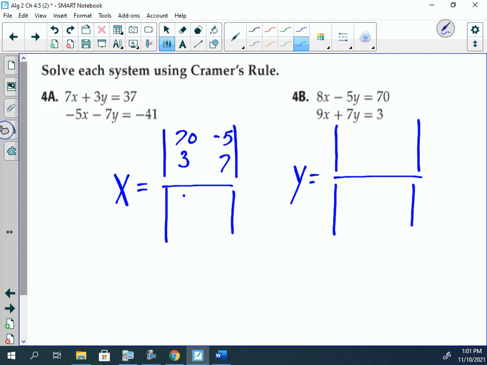The denominator is just going to be our coefficients of the system. In the other equation, the denominator would be the exact same, except the numerator, we would replace the y values with what it's equal to.